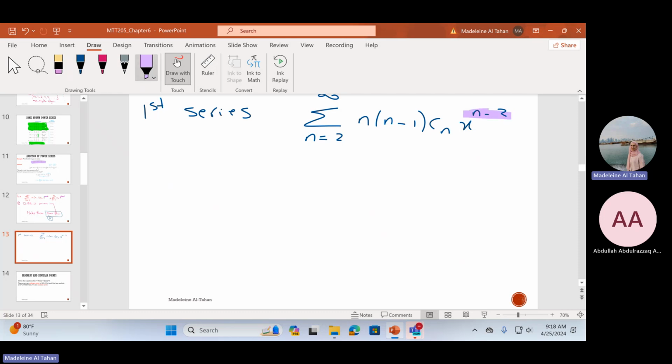So the whole power, we will assign it as k equals n minus 2. In the integral, when you say let u equal x, do you keep having u and x squared and du or dx? No, you change everything in x to u. So here, everything in n, we will transform to k.